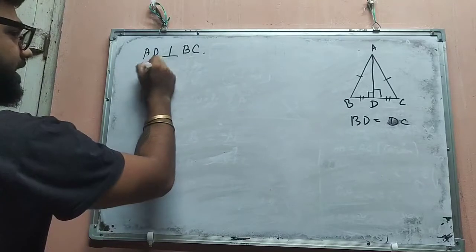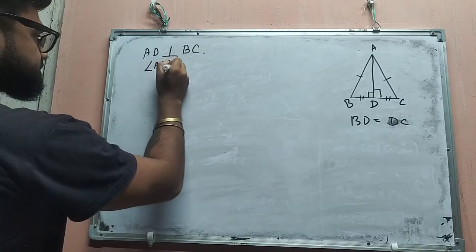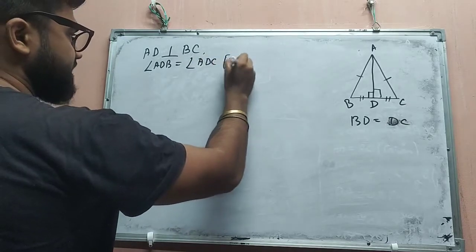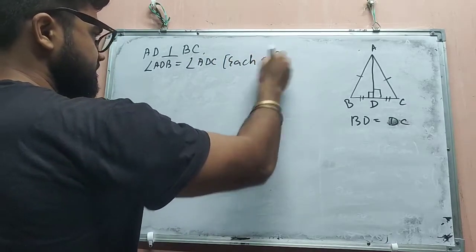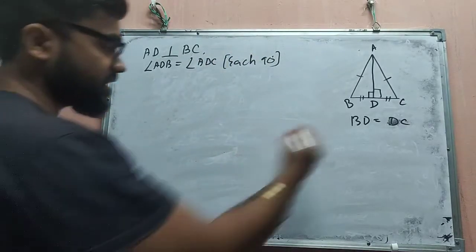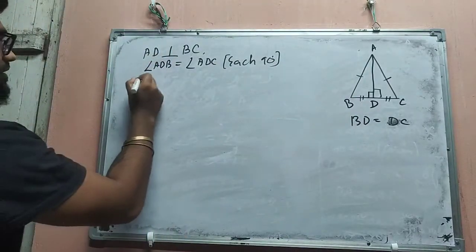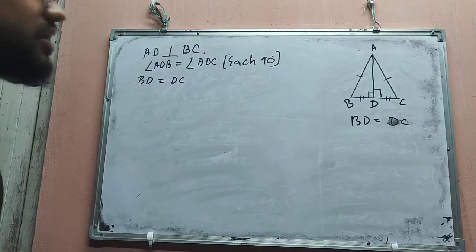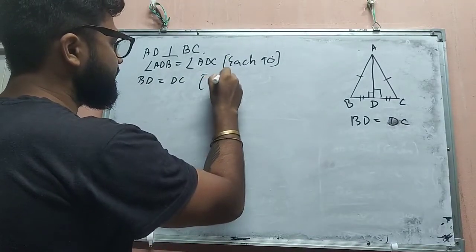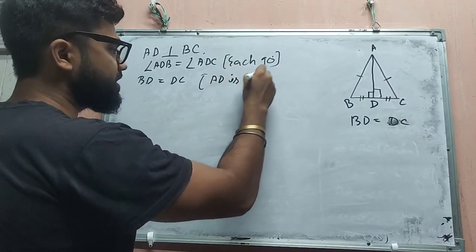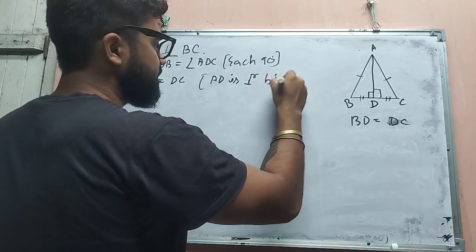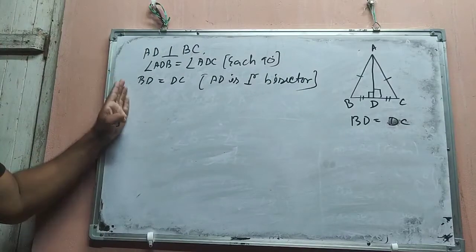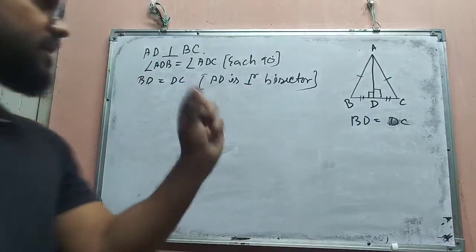So angle ADB and angle ADC are each 90 degrees, because it is a perpendicular. Moreover, BD equal to DC. Why? Because AD is the perpendicular bisector, so it breaks the side into two equal parts.